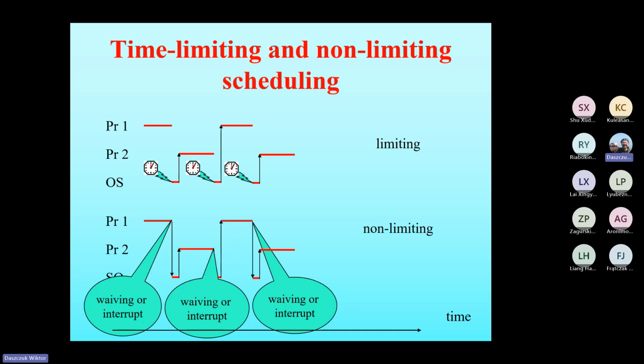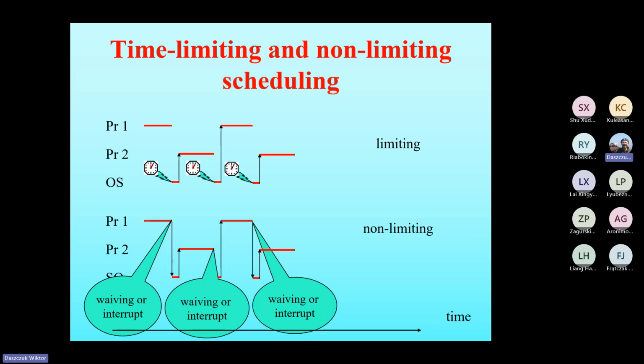And the last property is limiting the time. In the literature, limiting the time is not a preemption, generally. Excuse me. Some authors assume that limiting the time is preemption, but generally we distinguish those two.